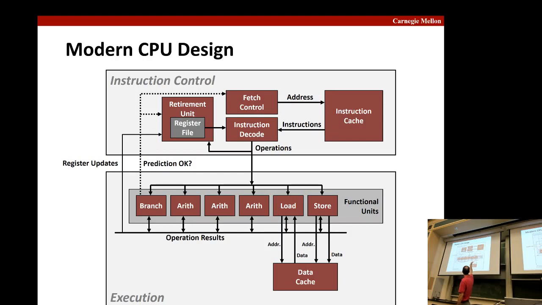From that instruction cache, you have a stream of instructions being fed into the decoder. For each instruction that gets decoded, there are some registers you're going to need, and unless it's just a move, there are some operations to be performed.